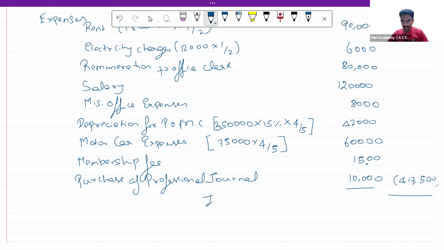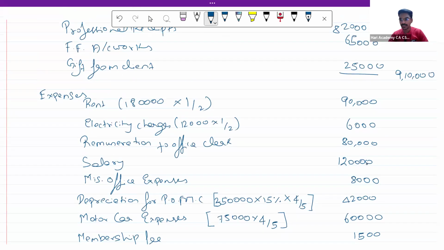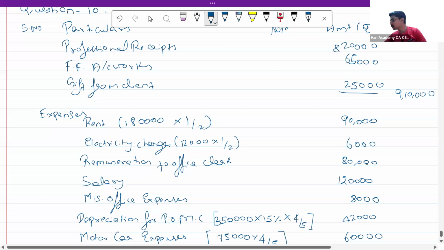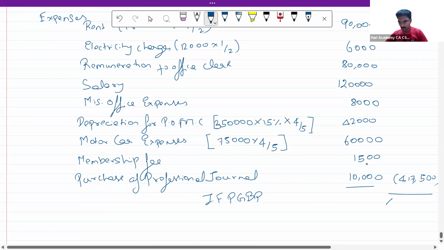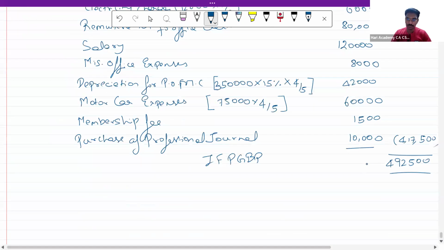So my income from PGBP comes to, from this 4,17,500, we have to reduce 9,10,000. So the total amount is 4,92,500. This is income from PGBP.